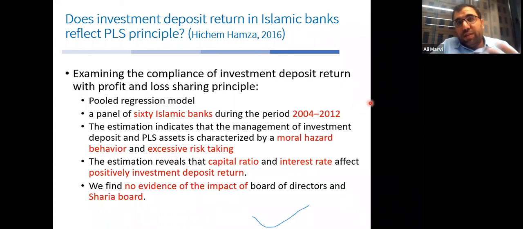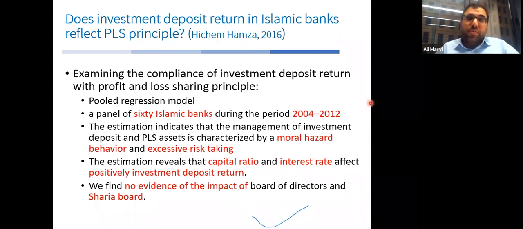And so that indicates also that what is happening in practice is really different from PLS contracts, or should I correct myself, what is happening in Islamic banks. We saw in previous slides that they focus more on other modes of financing rather than PLS financing.